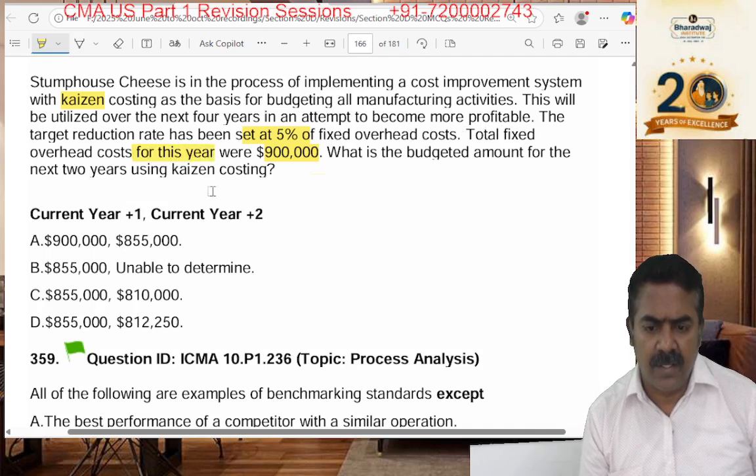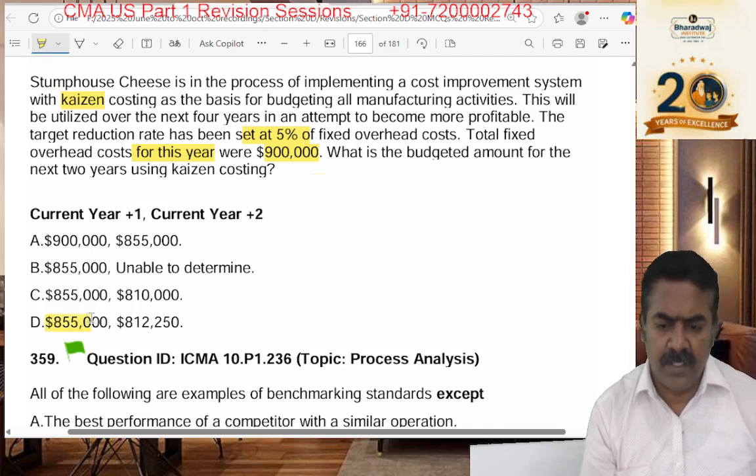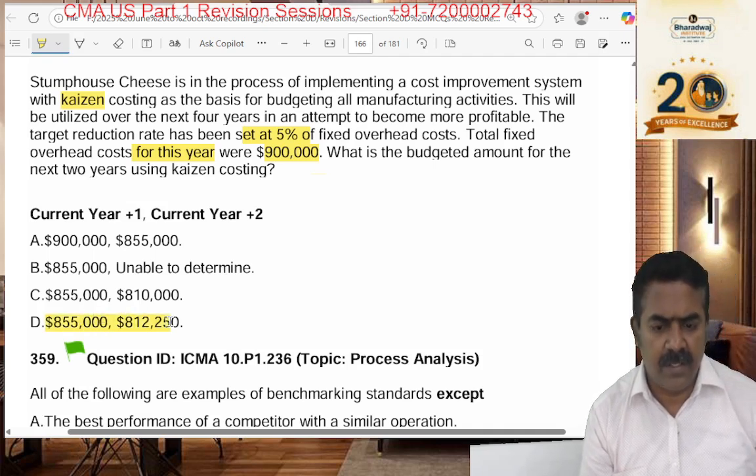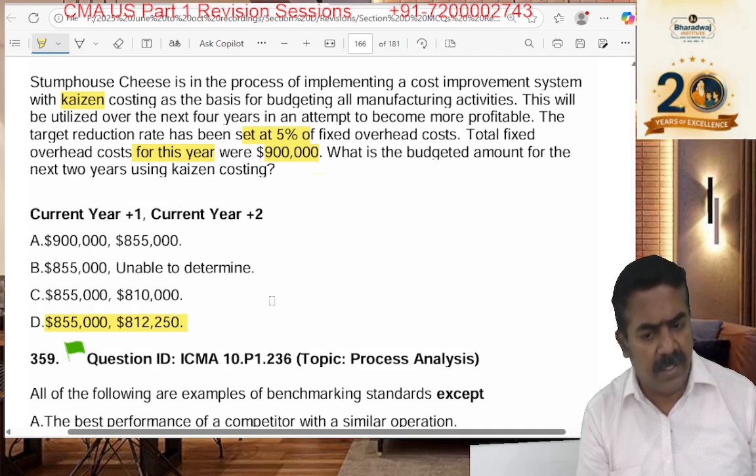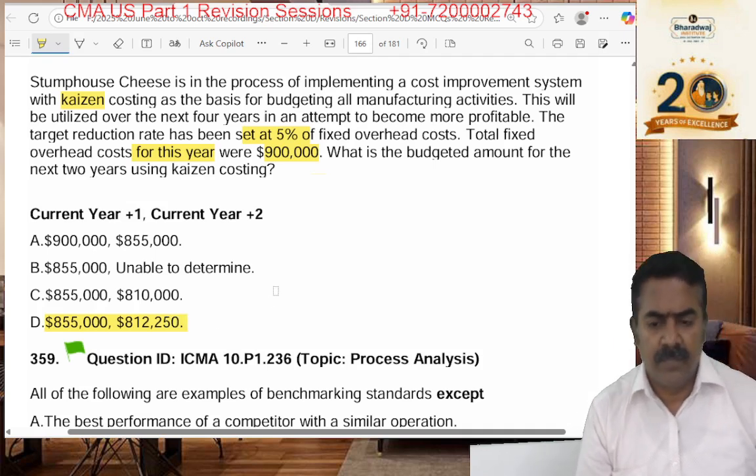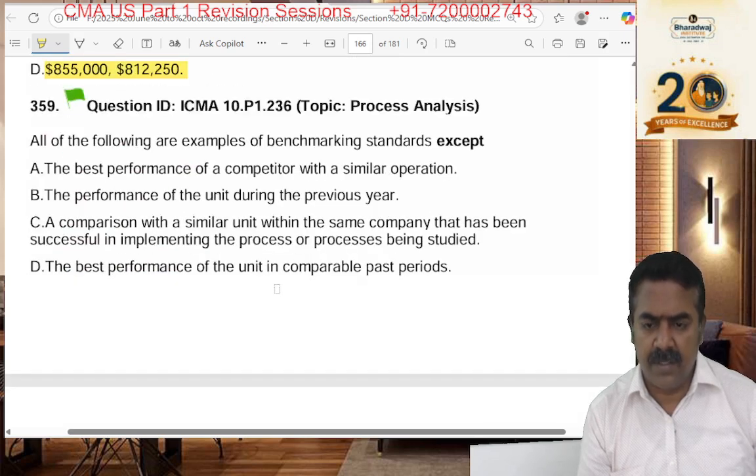For this year it is 9 lakhs. 9 lakhs minus 5%, answer is D. 8,55,000, then minus 5% again.